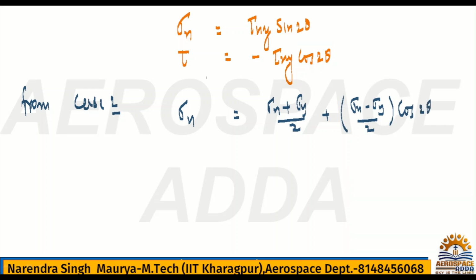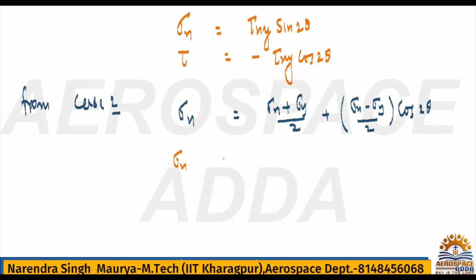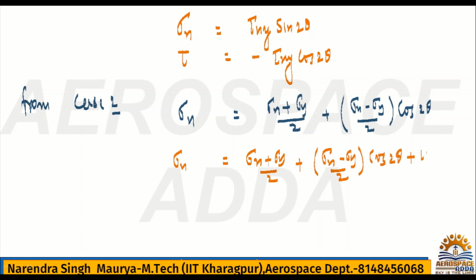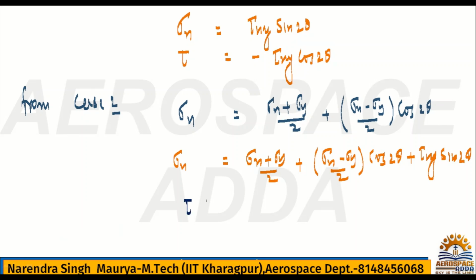But now if you combine with this, what is the final you will have? It is nothing but sigma n is equal to sigma x plus sigma y by 2 plus sigma x minus sigma y by 2 cos 2 theta plus tau xy sin 2 theta. Similarly, we had calculated tau also from the case 2.